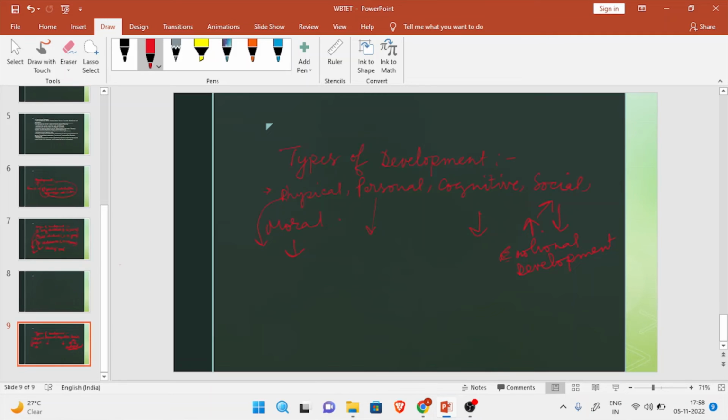Now the important part we need to learn is the relationship between development and learning, or the difference between these two.